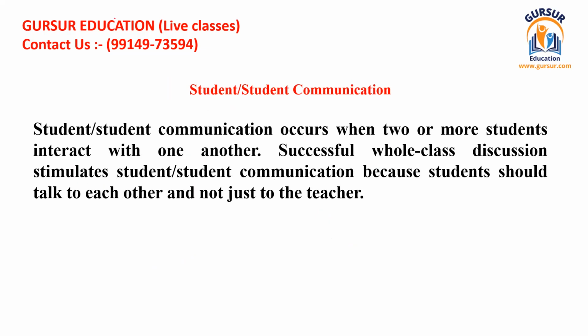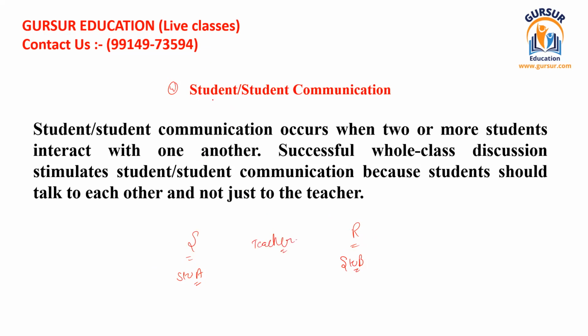The fourth way is student-student communication. Here again, there are two parties, the sender and the receiver. The sender is one student. This can be any student, like Navneet can interact with Indu ma'am or anyone else. The receiver is also another student, and there is no involvement of a teacher in this kind of communication.